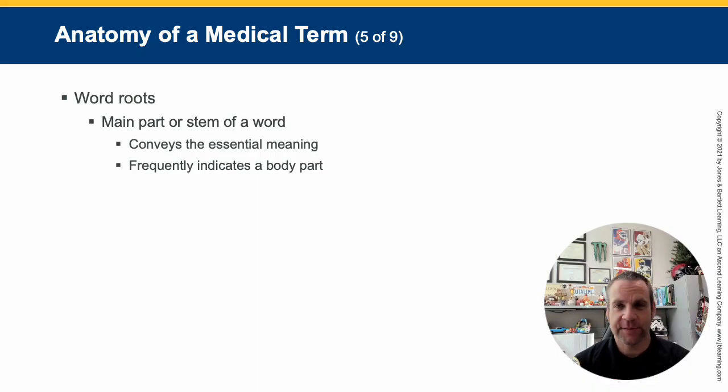Most medical terms contain at least one word root, and some will contain two or more, particularly when describing conditions involving multiple body systems. A very common one is gastroenteritis. Okay, so in gastroenteritis, for instance, gaster refers to the stomach, enter is referring to intestines, and itis is referring to inflammation.